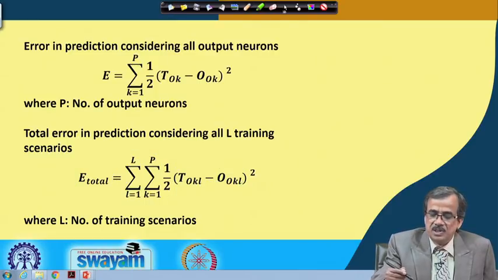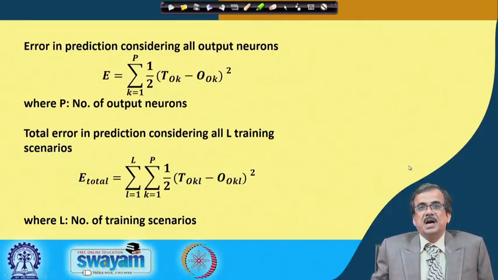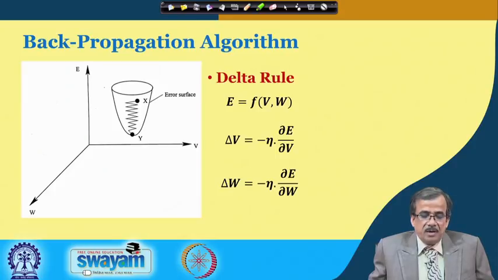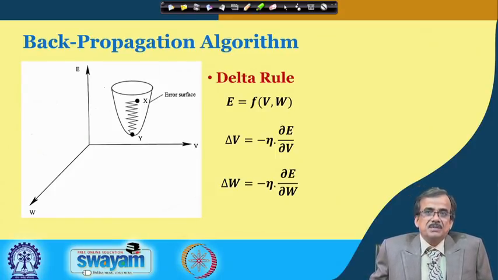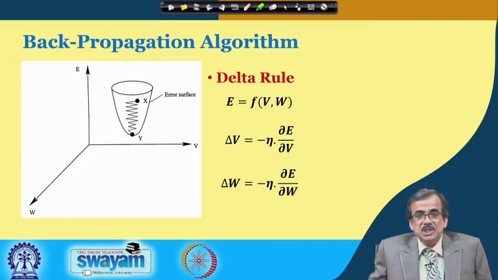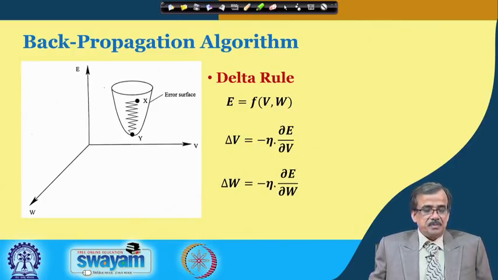And once you have got this particular picture, now we are in a position to see how to propagate it back, so that we can modify the connecting weights and the coefficient of transfer function, so that this network can make the prediction as accurately as possible.